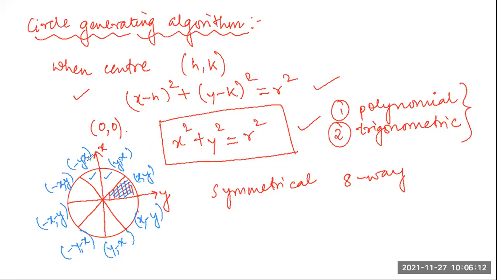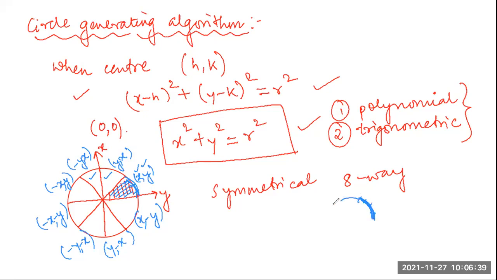So just using this concept, for one section I find out the points, and by drawing the line I can see the distance of one coordinate.